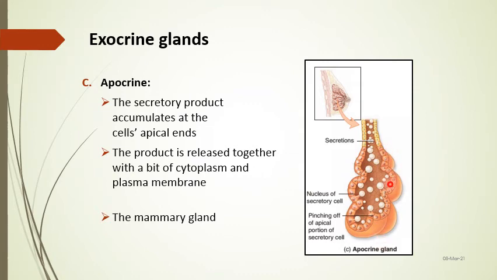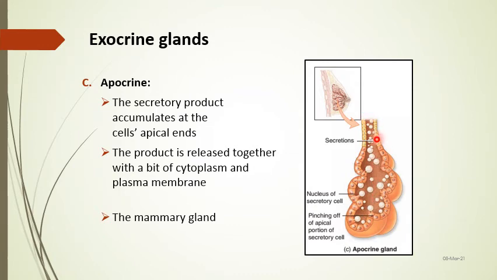As we see here, this is the secretory portion, and this yellow color is the duct. This is a magnification from the mammary gland. As we see here, finishing off the apical portion of the secretory cell, the apical part of the secretory cell, or cell cytoplasm membrane, is pinched off and released into the lumen of the gland and then into the duct.